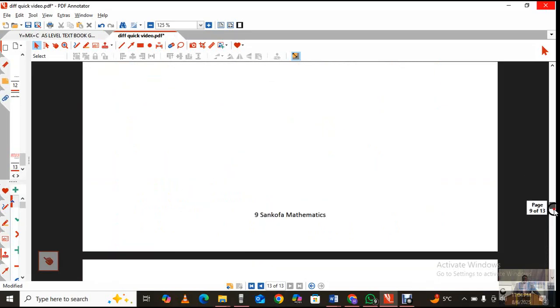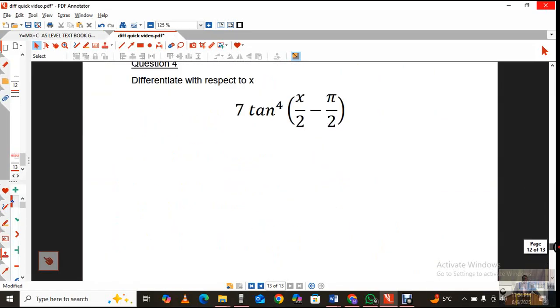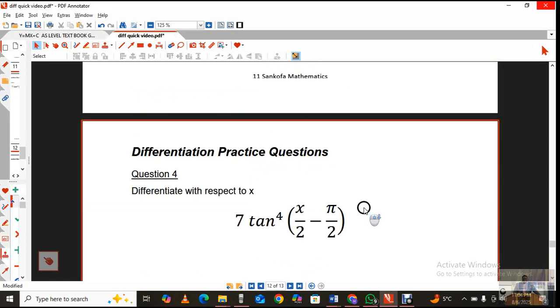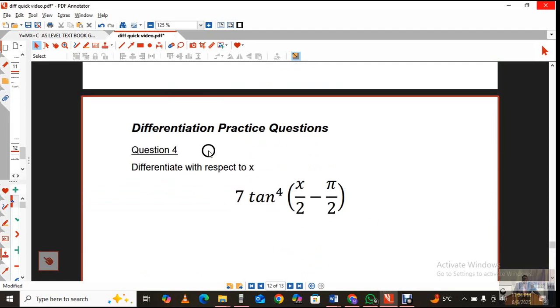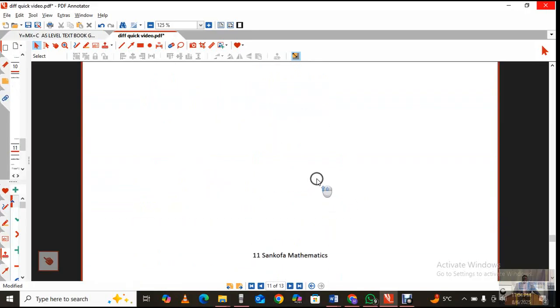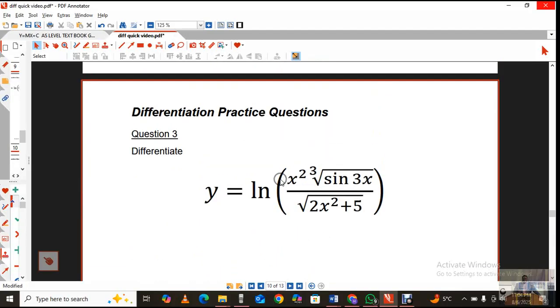Right, we're going to look at a few questions. I'm going to do some differentiation questions on trig functions, where you have to use the chain rule. Then I have another question where you also have natural log functions, and how to find the derivative of natural log functions.